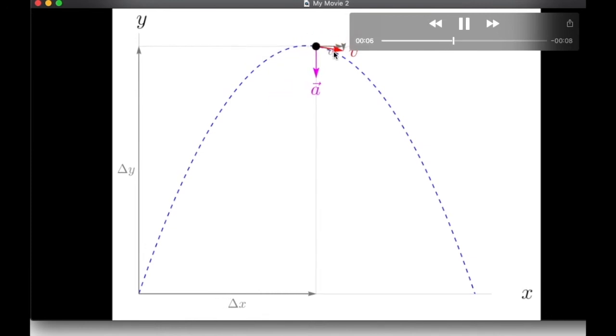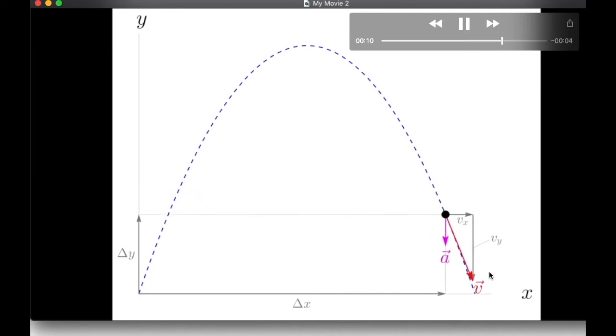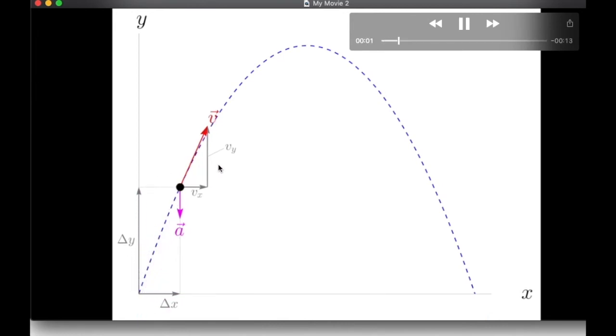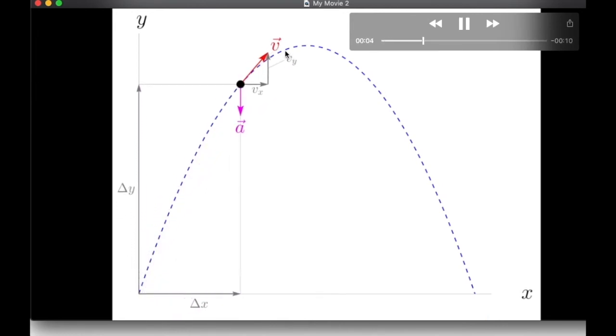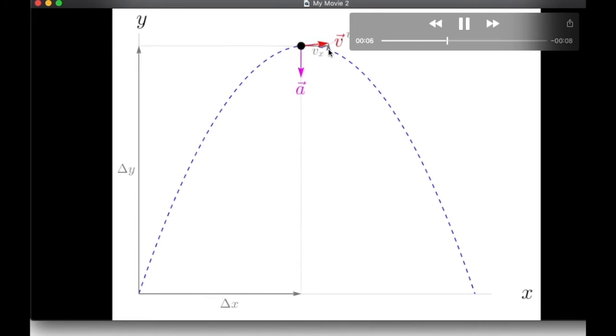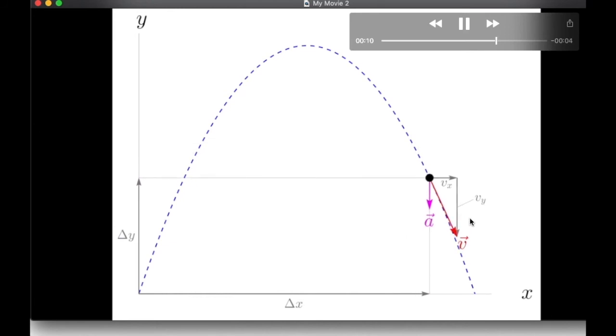It's not going up or down, and now it's going down, and it's going to speed up faster and faster in the downward direction. I'll play it again. Going up fast, but slowing down because the acceleration is down. No y component of velocity, and now there's an increasing y component.